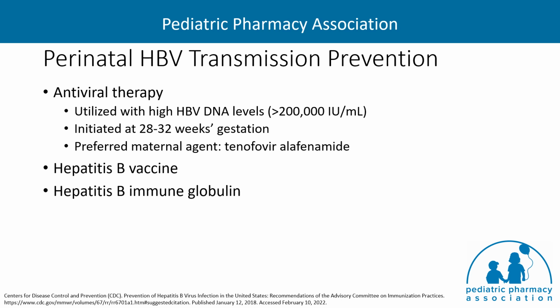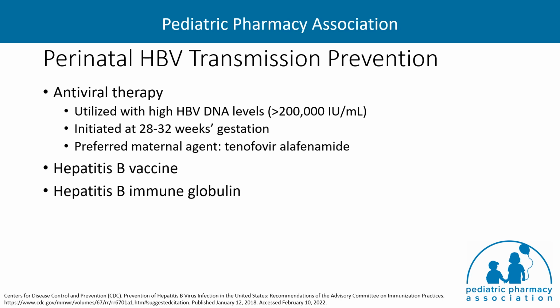These are utilized in patients with a high hepatitis B virus DNA level and are initiated at 28 to 32 weeks gestation. Maternal therapy is typically discontinued at birth to 3 months postpartum. And again, this is an adjunct to the hepatitis B vaccine and immune globulin that will be given to the neonate after delivery. This antiviral therapy is only maternal therapy.